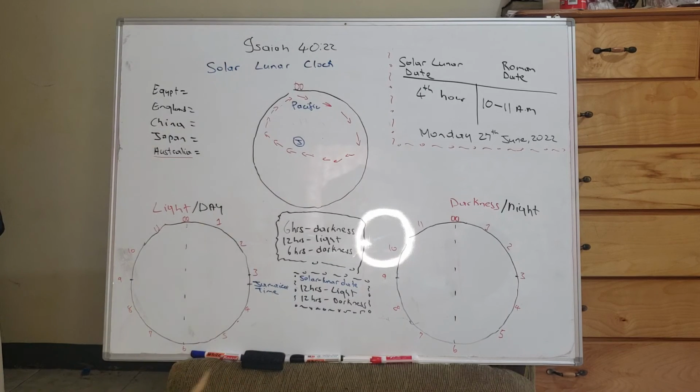Australia is having 1:21 a.m. Not Monday the 27th, but June 28th, the Tuesday, right? 1:21. So they have already passed the first hour of darkness here, and they're heading on to the second hour there, right?